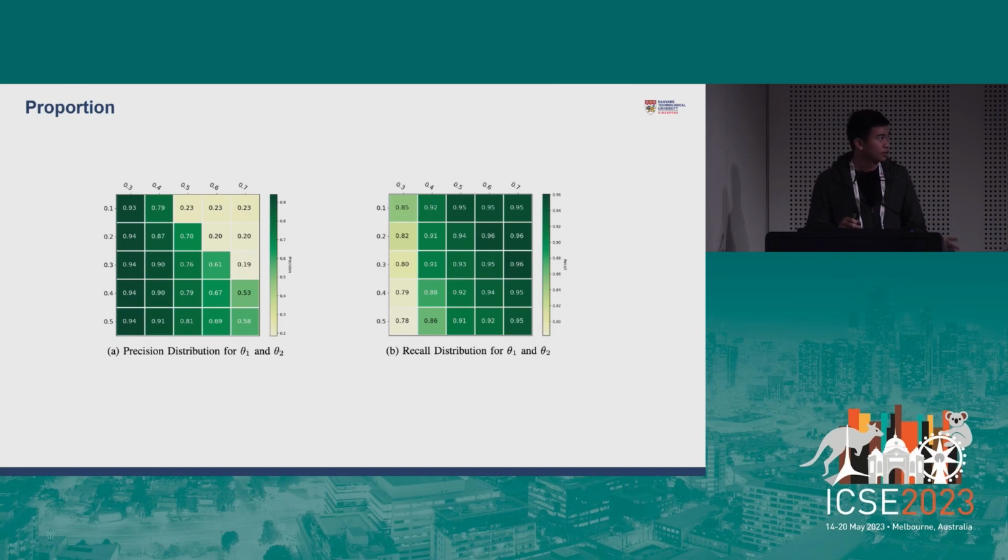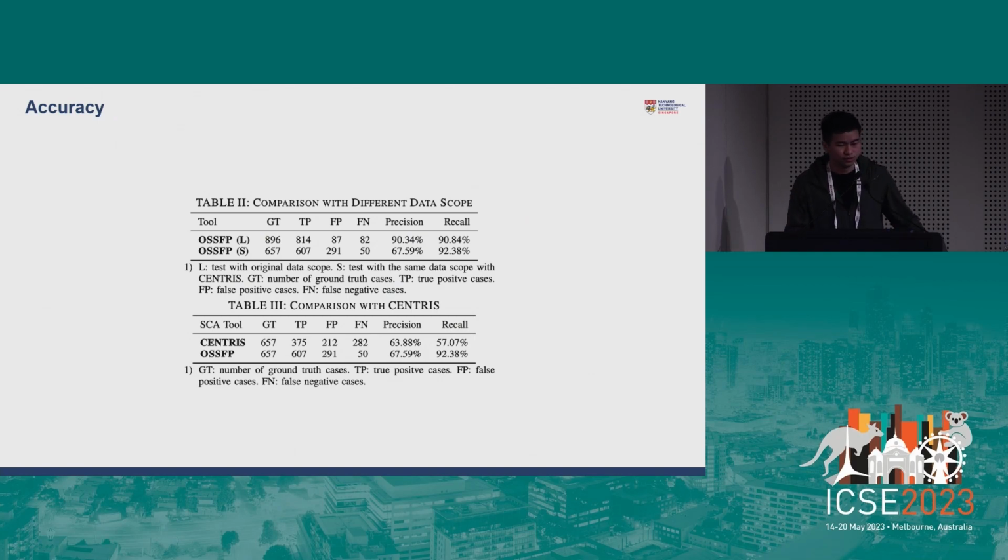And through this distribution accuracy heat map, we can compile a proposed number for these thresholds. And after we select the true thresholds for filtering the common functions and supporting functions, our accuracy can be hugely improved. And it can also outperform the state of the art in both precision and recall.